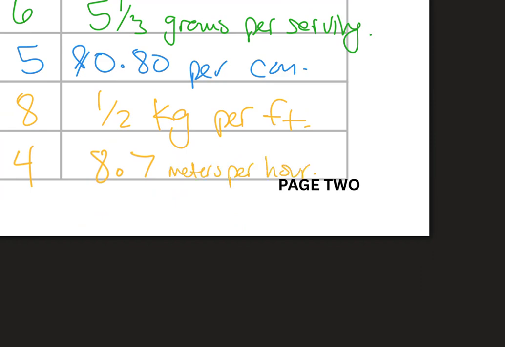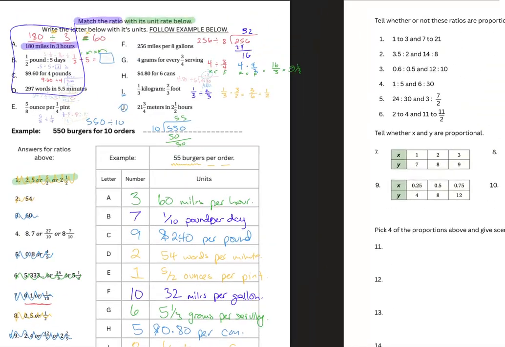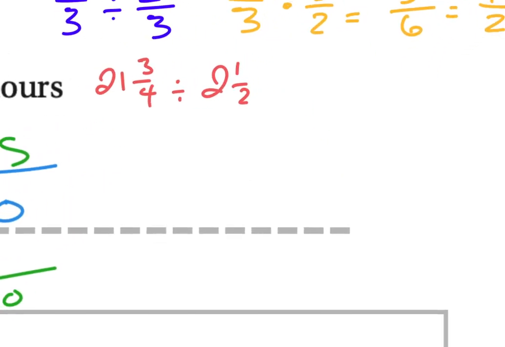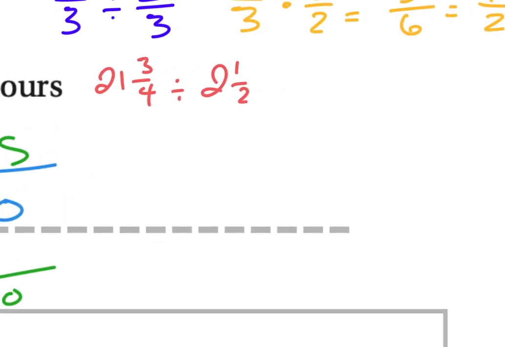But let's verify that we actually know what we're doing. So back up here, we're going to do 21 3/4 divided by 2.5 hours. Okay? I'm going to rearrange this to be an improper fraction. 4 times 21 is 84. 84 plus 3 is 87/4.